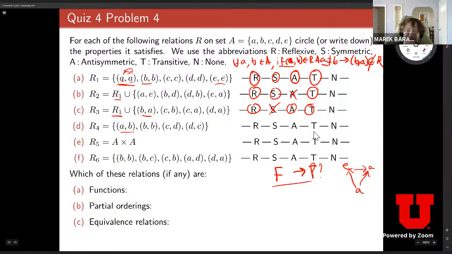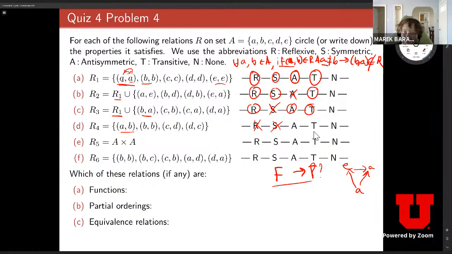This one, is it reflexive? I think it's pretty clearly no. Is it symmetric? We don't have BA in there, so it can't be. Is it anti-symmetric?